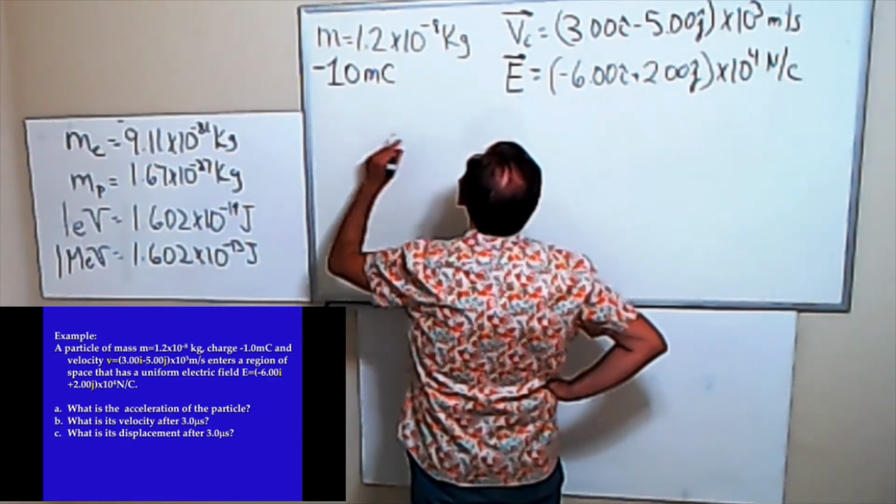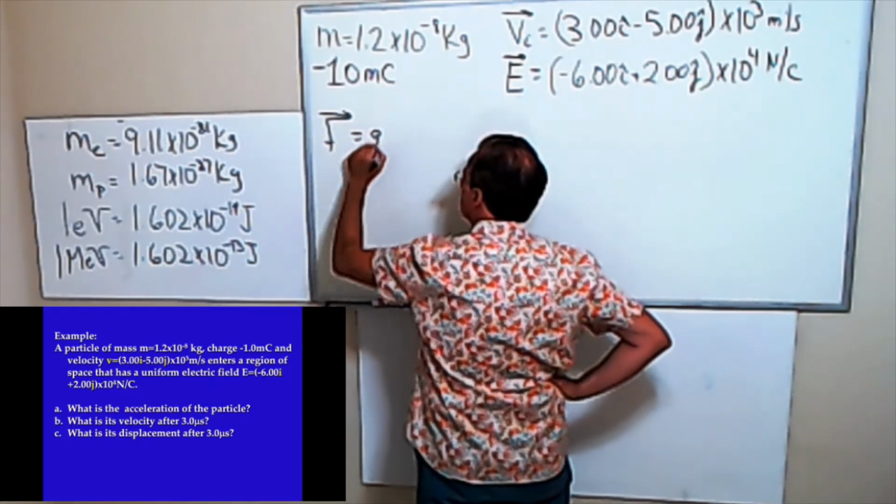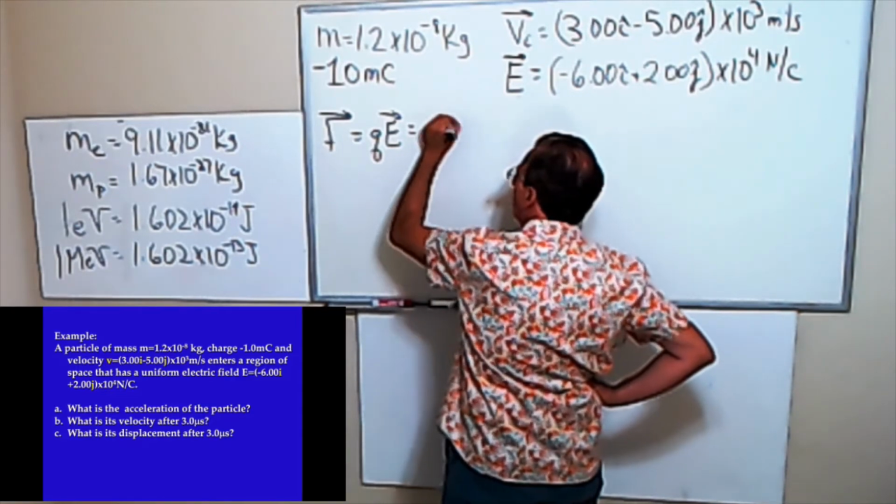So remember that we had F equals Q times E equals MA.